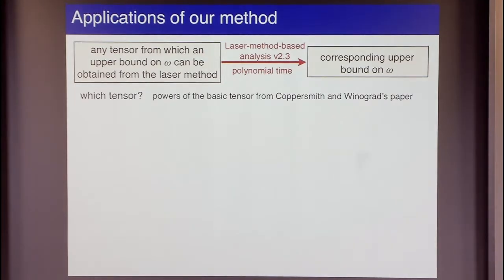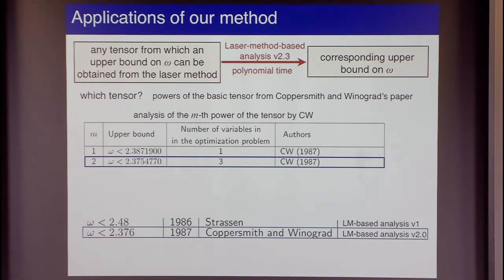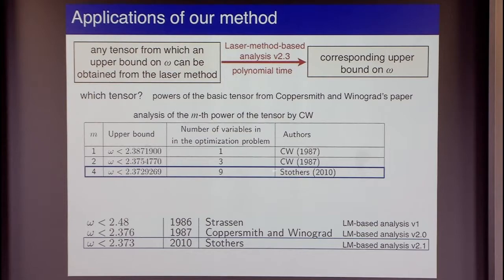So what we will do, we will apply this analysis on the powers of the basic tensor from the paper by Coppersmith and Winograd. And so this bound, 2.376, was obtained by considering the second power of this tensor by Coppersmith and Winograd. The improvement by Stothers was obtained by considering the power 4, so the number of variables in the optimization problem increased, 9 here.